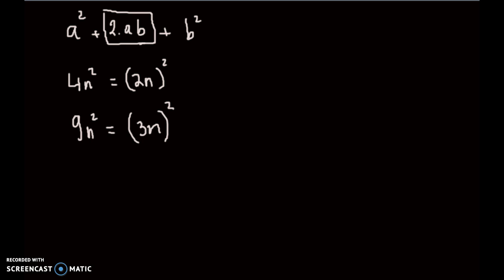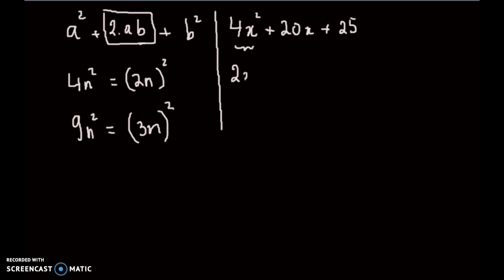Let's do another example for this. Okay, so let's say that I have 4x squared plus 20x plus 25. So I know that the first term I can write as 2x squared.